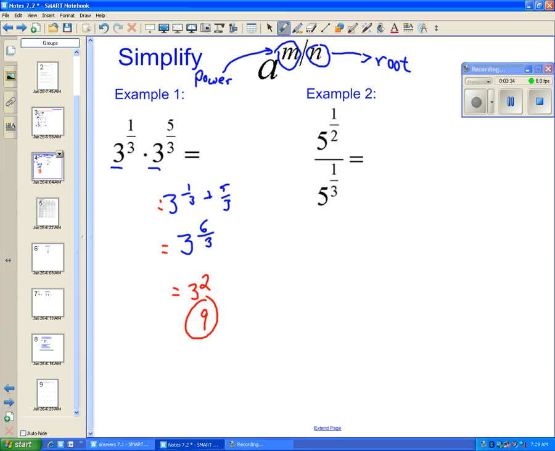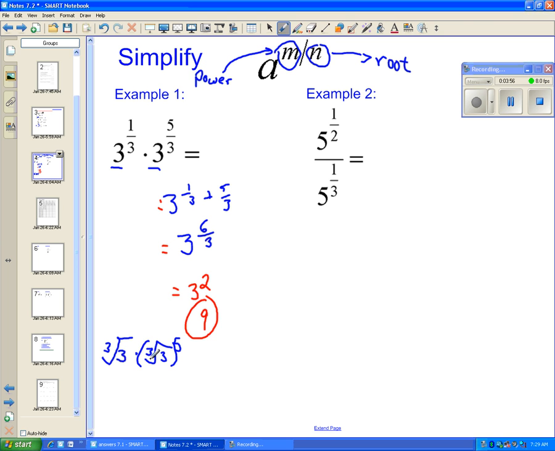Now, let's take a step to the side and think about this one more time. Over here, this was the cube root of 3, and I'm multiplying that by the cube root of 3 to the 5th power.